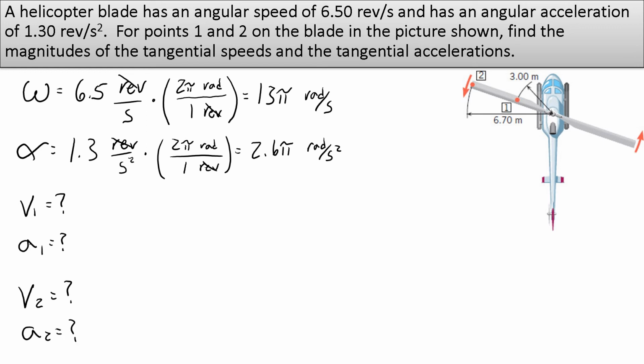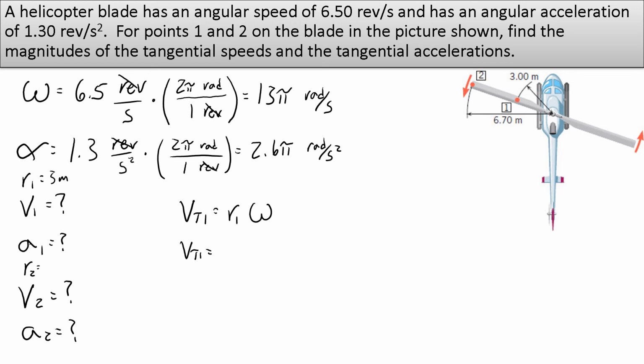This is what we're looking for. All right, and we're going to use those Switcheroonie interchangers now that we have everything in terms of radians. So the first one, the tangential velocity, you just do r times your angular velocity. Now this is for the first point, okay? So we could plug in VT1, the radius. Oh, I didn't even write down the radius. R1 is equal to 3 meters according to that picture.